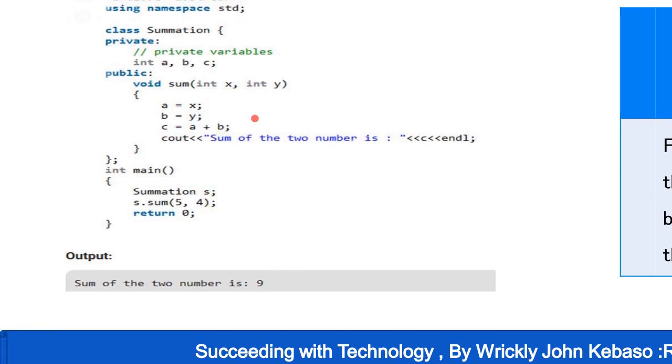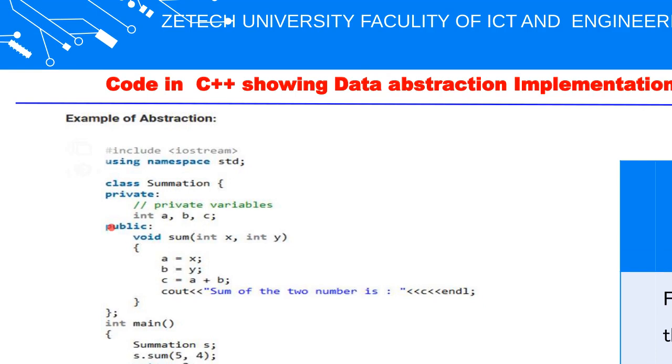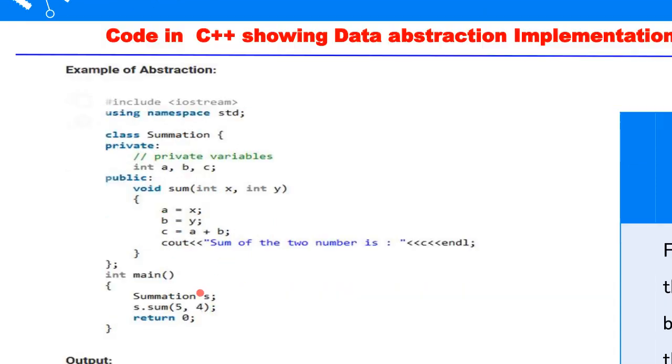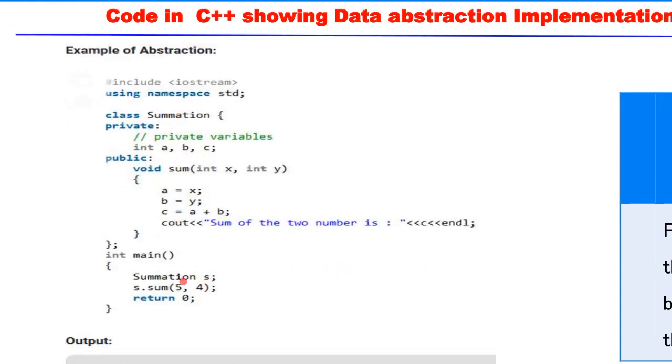And here is how abstraction is being shown. These particular variables have been declared in private. This particular function has been declared in public for the class summation, and it has been used to get values from the main function using the class object s of summation.